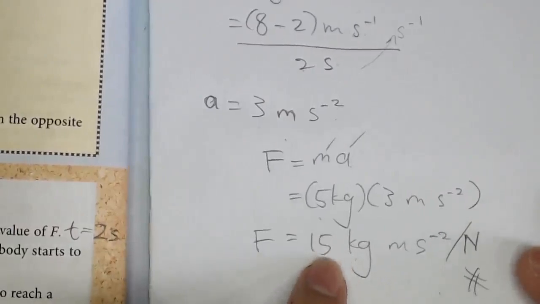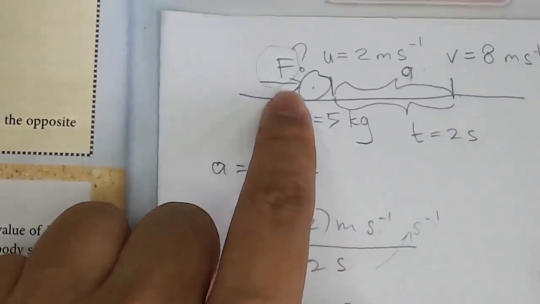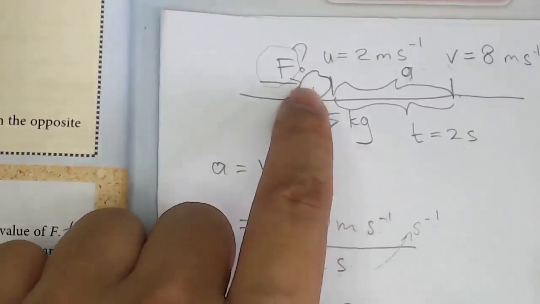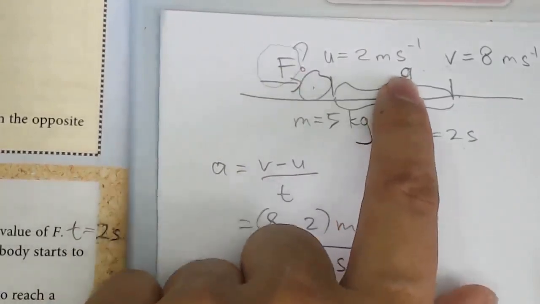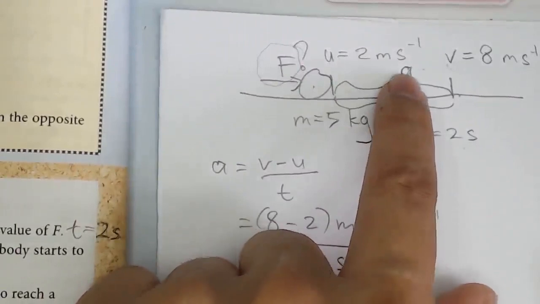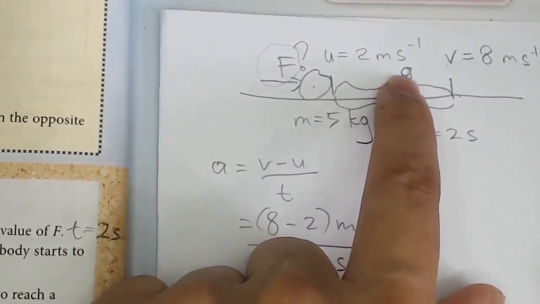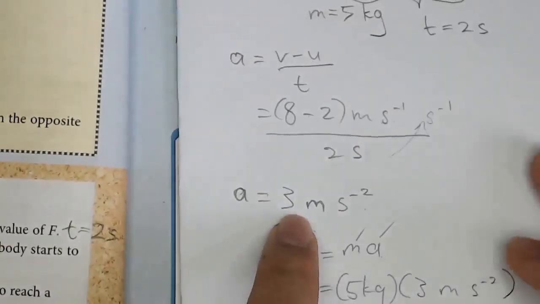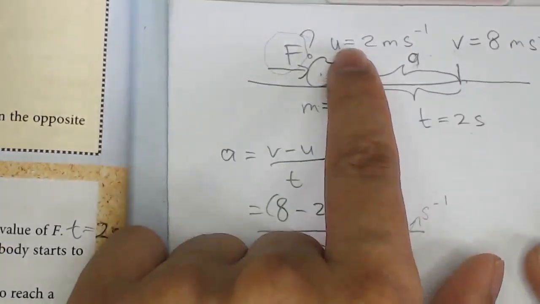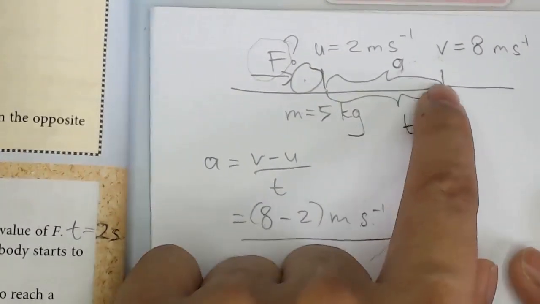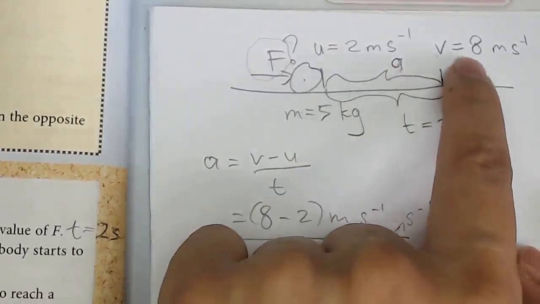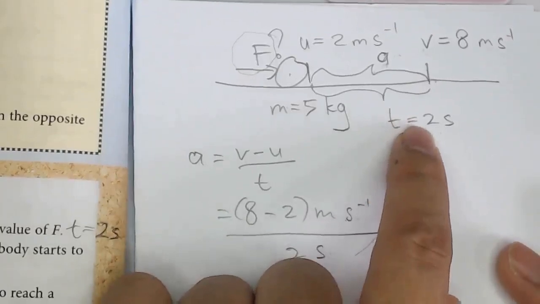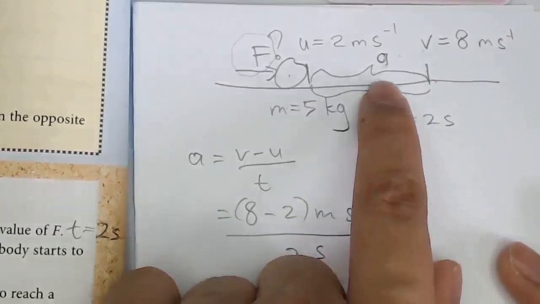So the idea is this: a 15 Newton force is being exerted on this object, which has a mass of 5 kilo, and what happens to this object is that it moves with a type of motion that is acceleration, where the value of acceleration is 3 meter per second squared, which starts from initial velocity 2 meter per second and reaches v equal to 8 meter per second, taking a duration of 2 seconds for this acceleration to happen.